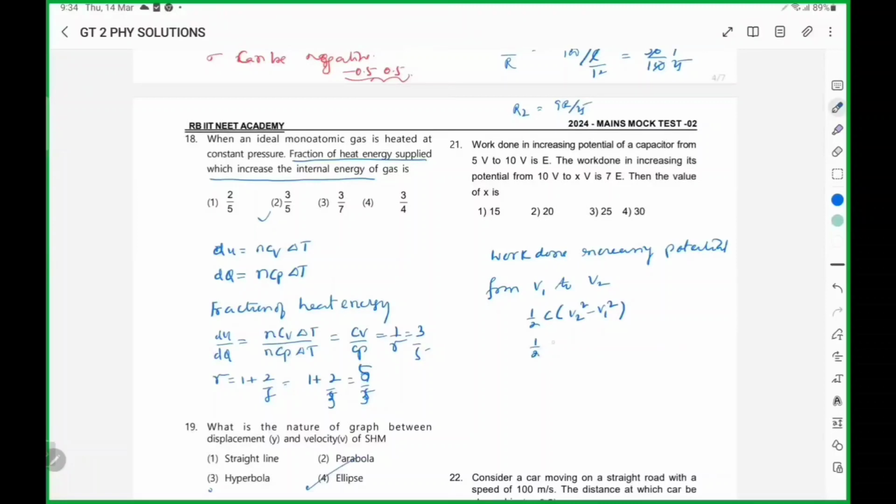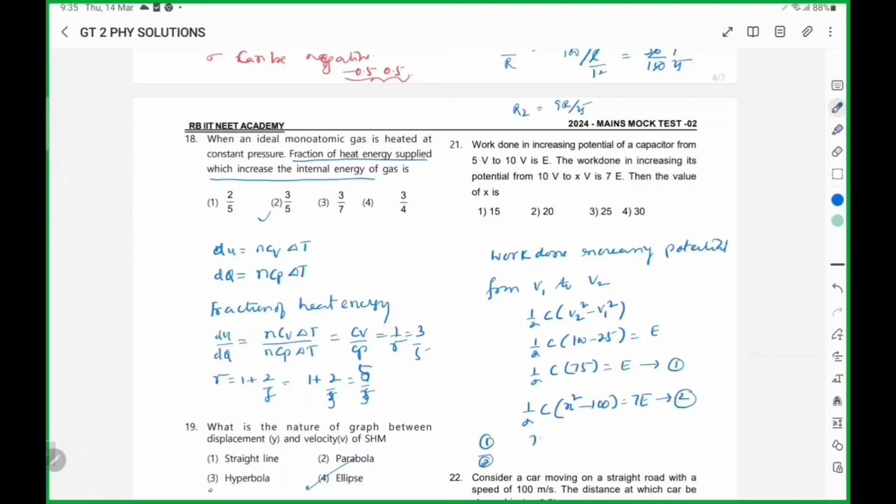In the first case, it is 100 minus 25, or half C into 75, say equation 1. In the second case, it is x square minus 100, which is what we are given as equation 2.